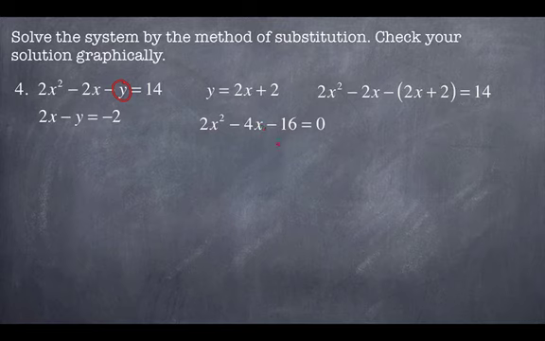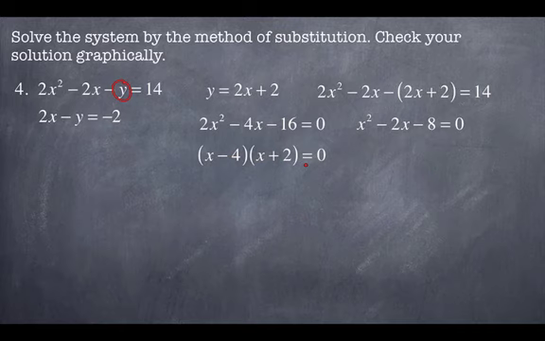Notice that there's a GCF of 2, so divide everything by 2, and you get the following. Now factor this, you get x minus 4 times x plus 2, apply the zero product property. This generates x equals 4 and -2.